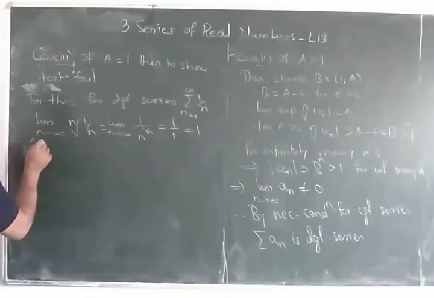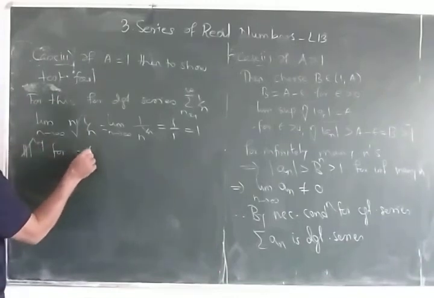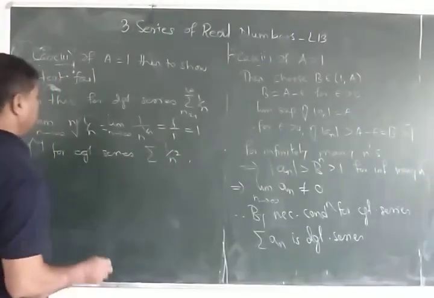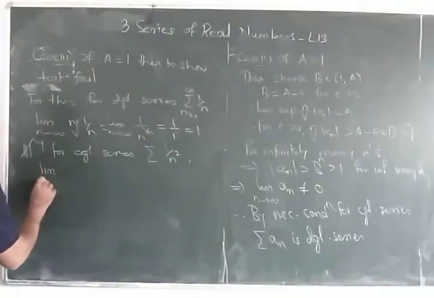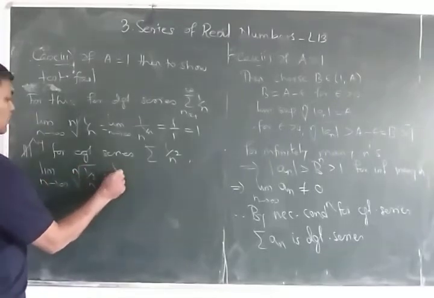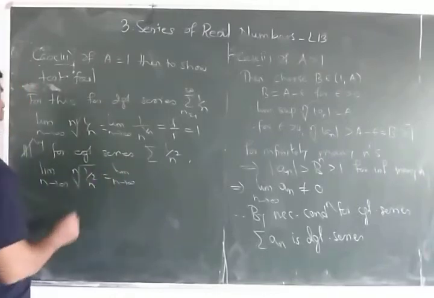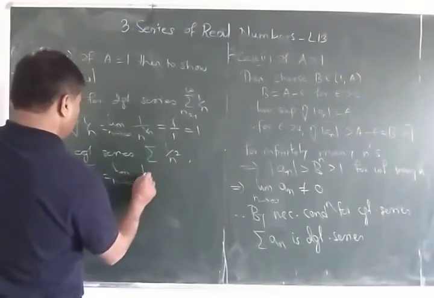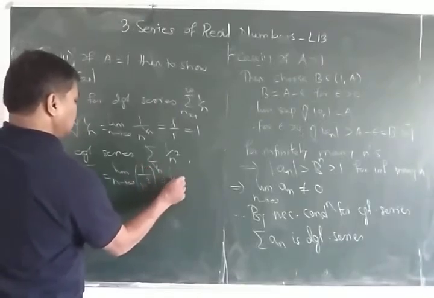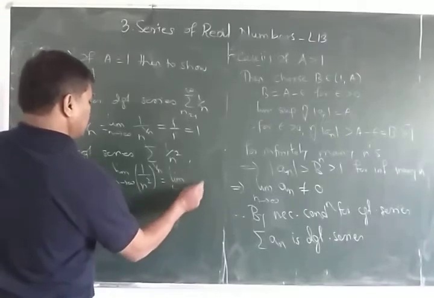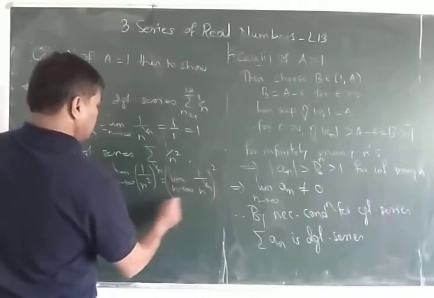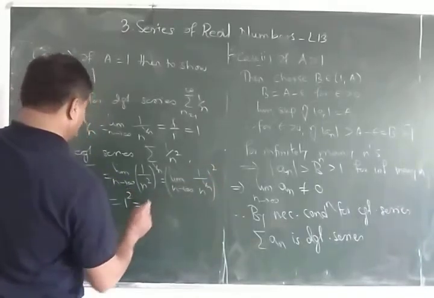Similarly, for the convergent series, summation of 1 upon n square, the limit as n tends to infinity of the nth root of 1 upon n square is equal to the limit of 1 upon n raised to 1 by n, whole squared, which is 1 square, equal to 1.